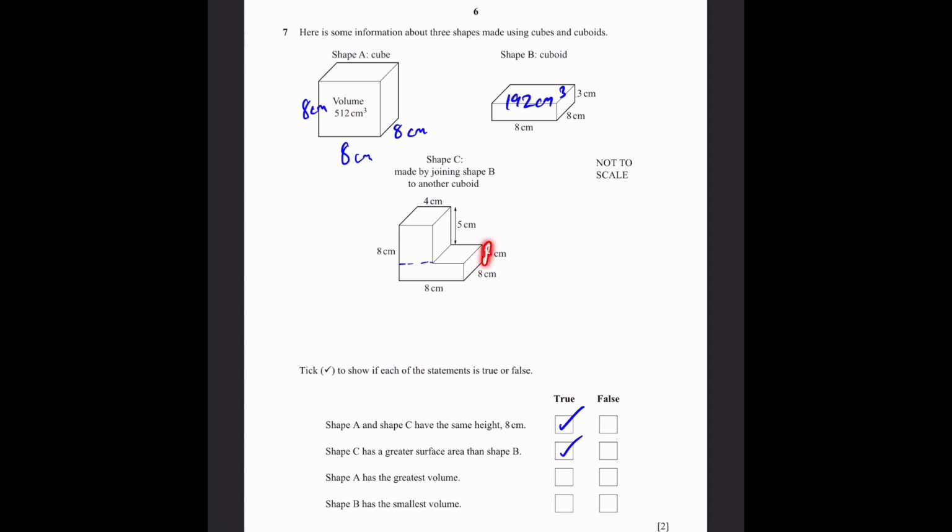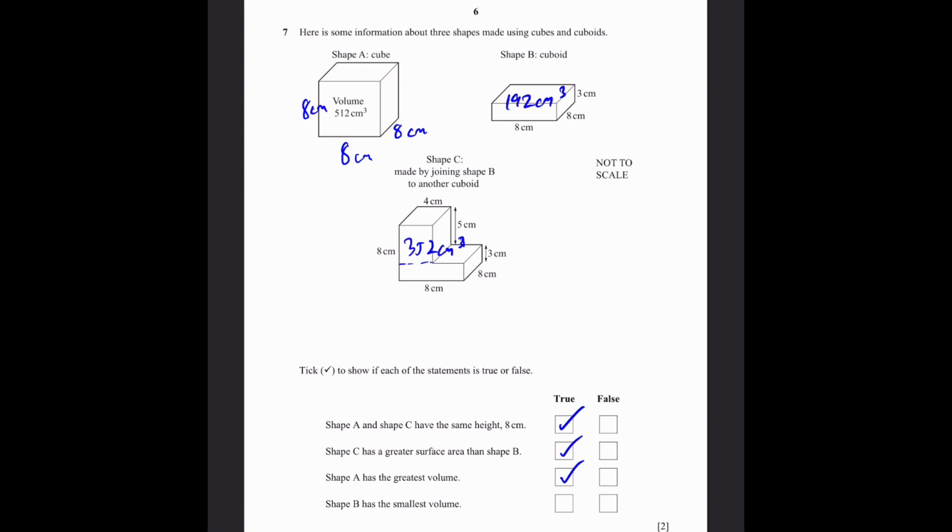So this is 3 centimeters, so this height is 5 centimeters as given. And then this length is 8 centimeters. This is 4. So 8 times 5 times 4, which is equal to 160. So we add both of them together. 160 plus 192 is 352 centimeters cubed. Nevertheless, this is less than 512, so shape A has the greatest volume.